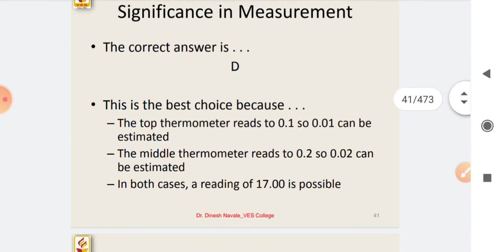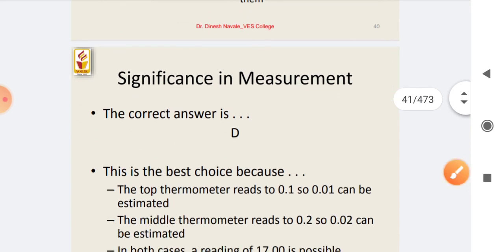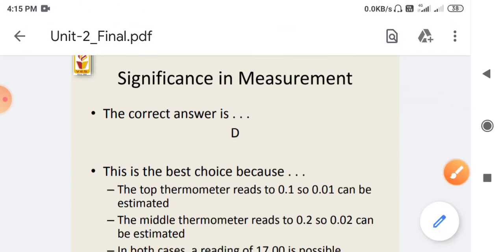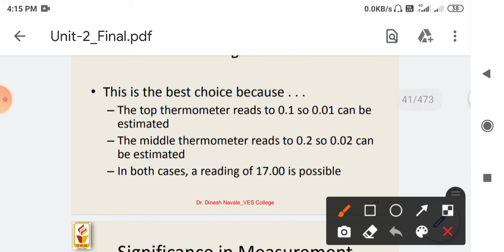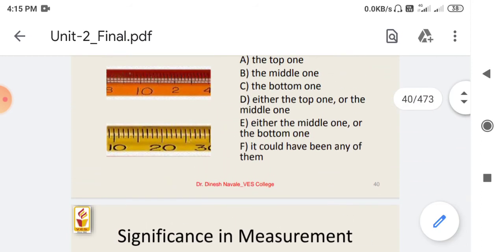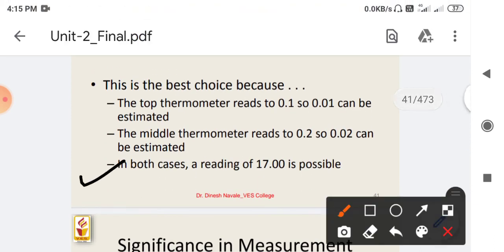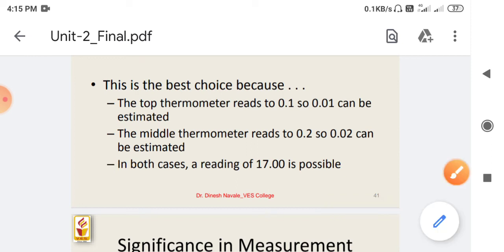The least count of the first thermometer is 0.1, so we cannot determine 0.01 degree centigrade, but the middle one has a least count of 0.02, so it can be determined, and the last one also has a least count of 0.01. So in both cases the reading of 17.00 degree centigrade can be measured.